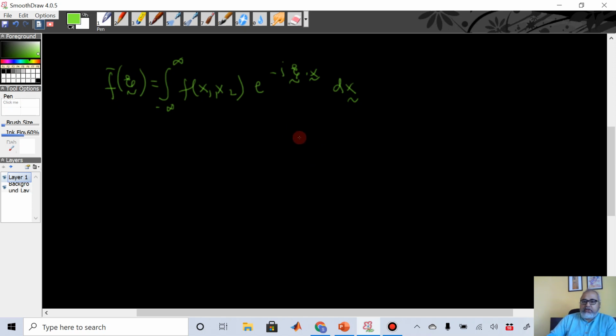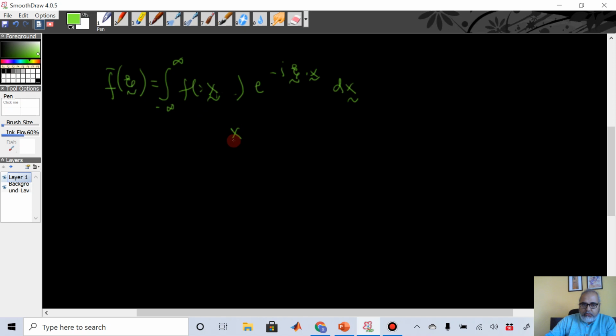And for the shift, let's write it for any dimensions. Let's erase this. So this is your generalized Fourier transform of a function of any number of variables.